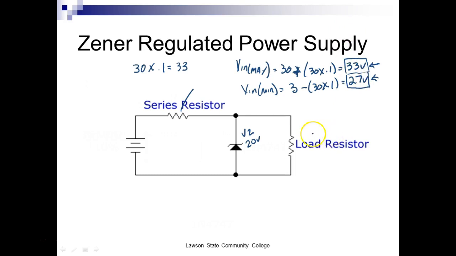So that'd be what? 7 volts. Okay. Over, what's my maximum? So R is equal to V over I. We want it to be the minimum voltage at the maximum current plus IZK, right?